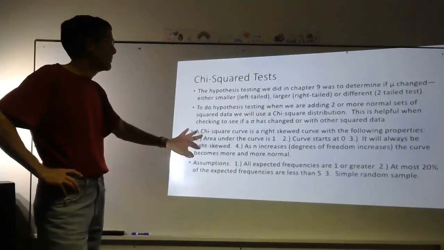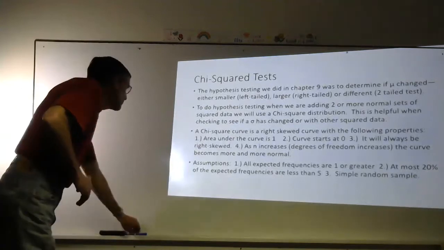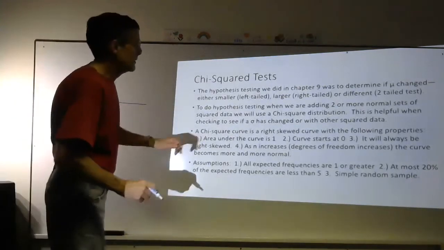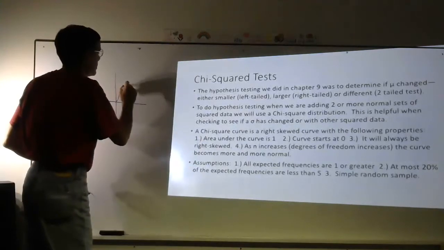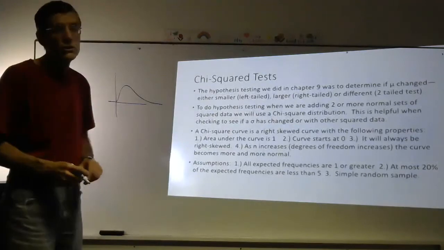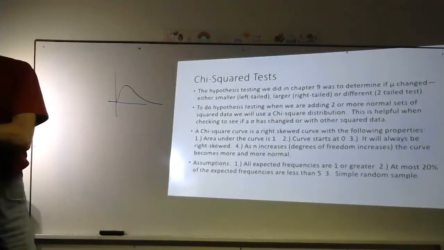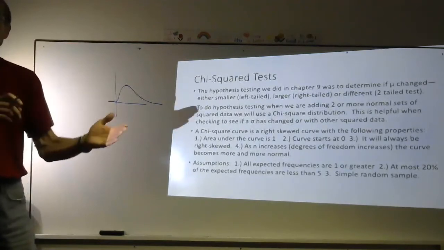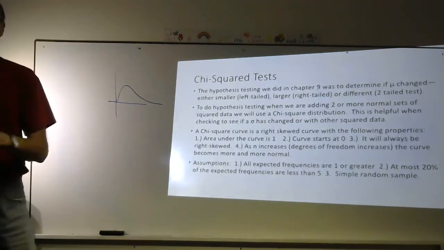All right, a chi-square curve is right skewed. You should remember right skewed. Right skewed looks like that, okay? The curve starts at 0, which is odd. We are used to having curves that start out on the negative side and go to the positive side, right?